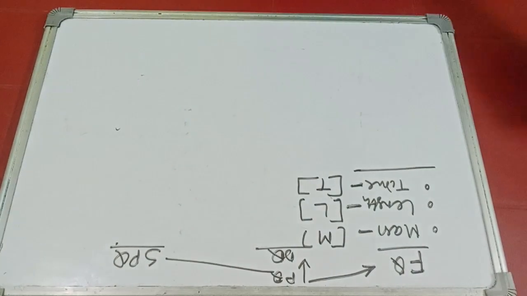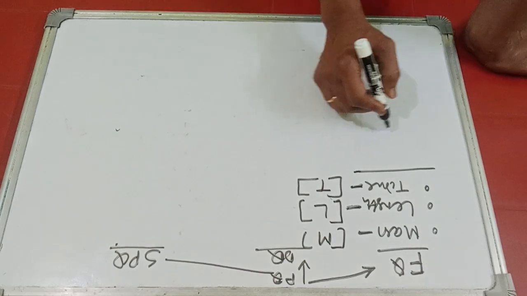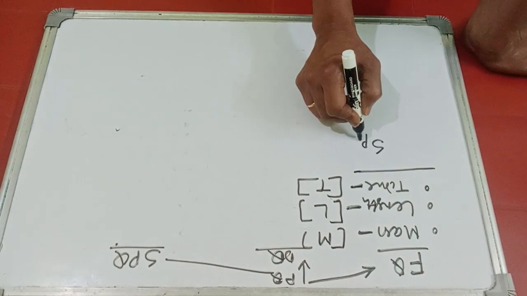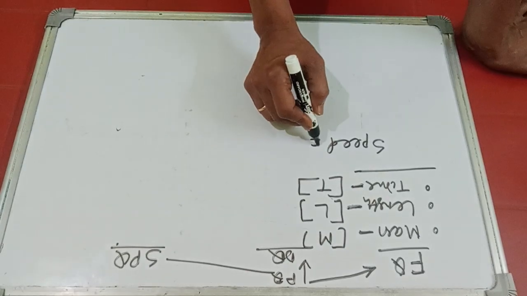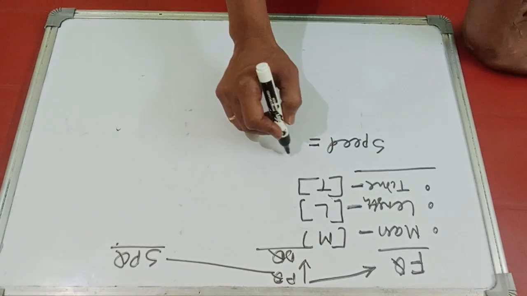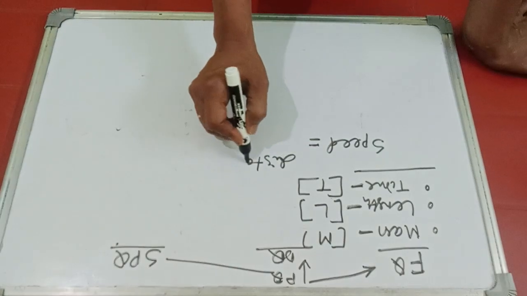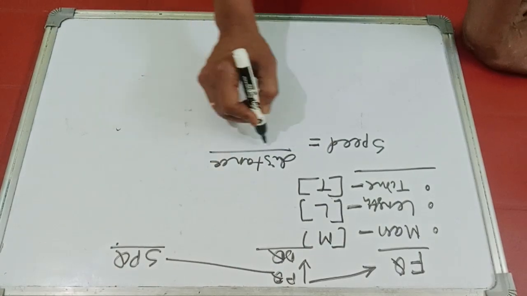Suppose we want to find out the dimension of speed, which is distance upon time.